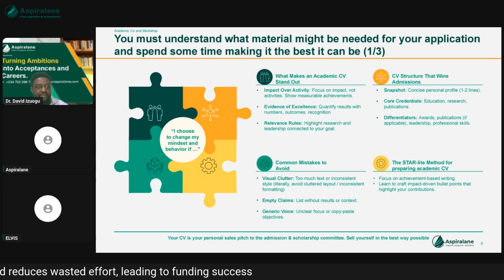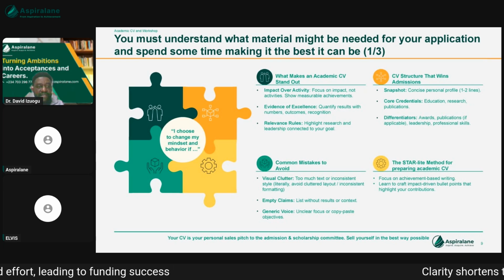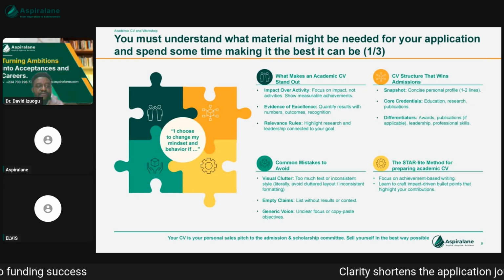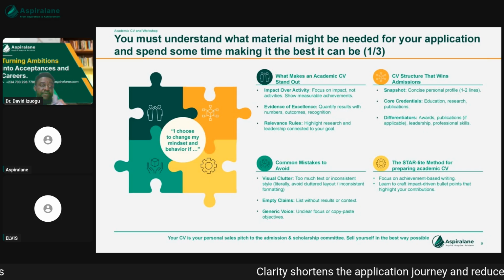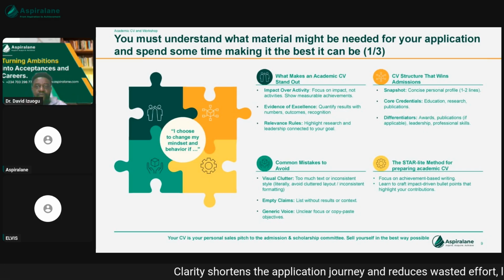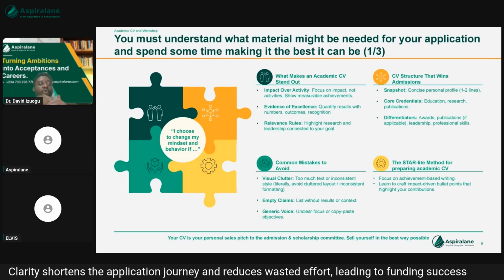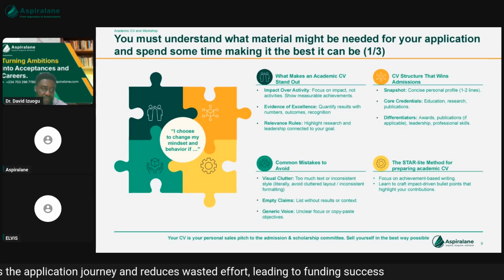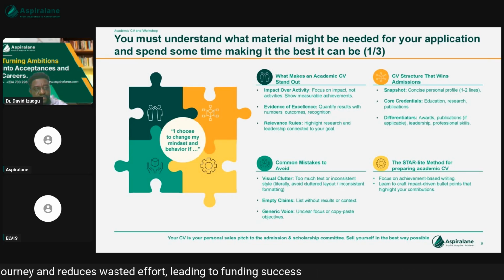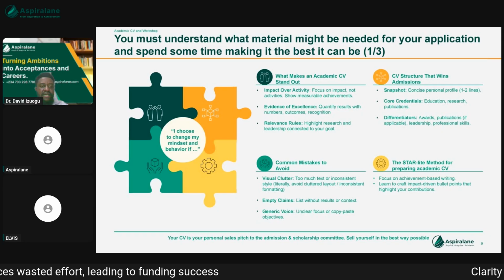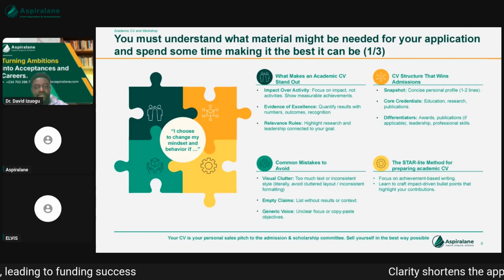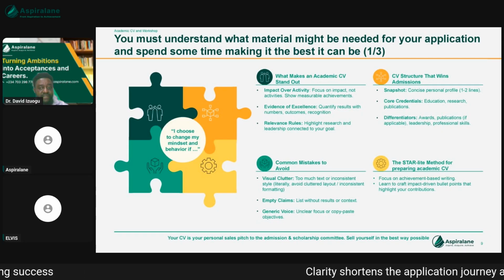Because it's an academic CV, you need to present these things first. But if it were a professional CV, then maybe your work experience comes first. Among your work experience, anything that is more related to academics and research should come first, and the ones that are outside academics can then come later.